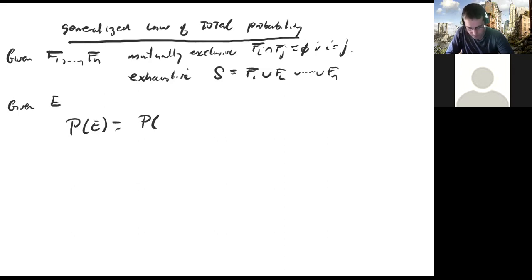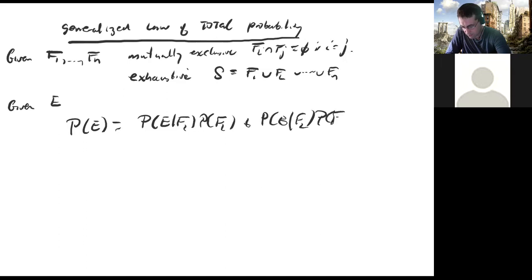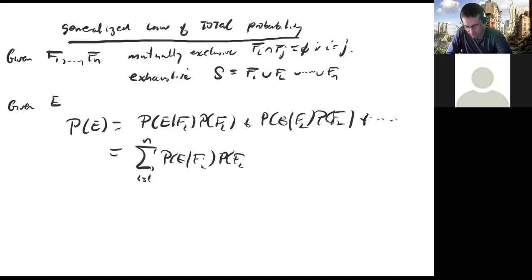It's the probability of E given F1 times the probability of F1, plus the probability of E given F2 times the probability of F2, and so on, all the way to the end, which is the sum, i goes from 1 to n, of the probability of E given Fi times the probability of Fi. So that is the generalized law of total probability.